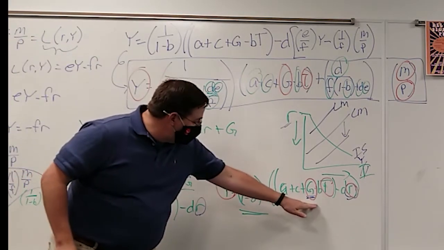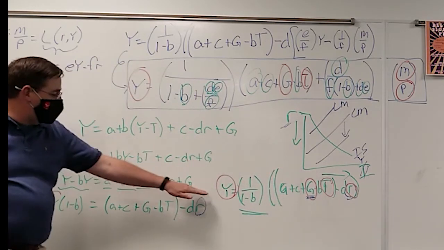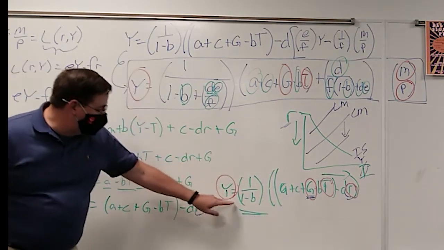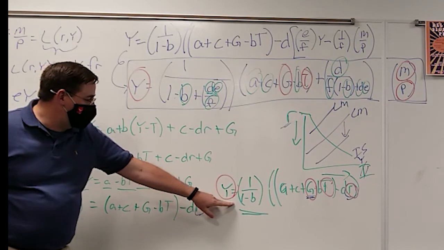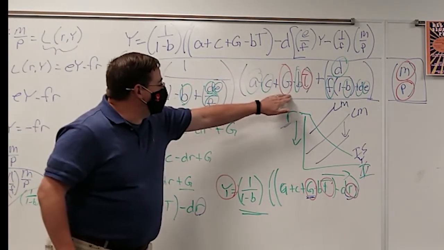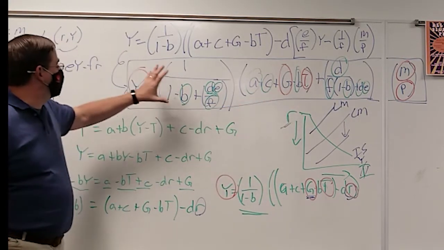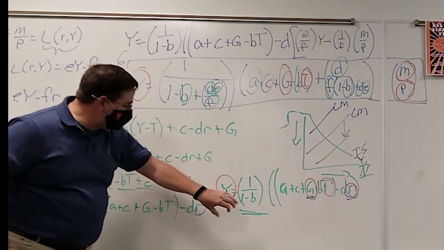In this story, when government increased by a certain amount, it increased output by this much. In this story, when government increases by the same amount as what it increases here, it feeds through this instead of this.